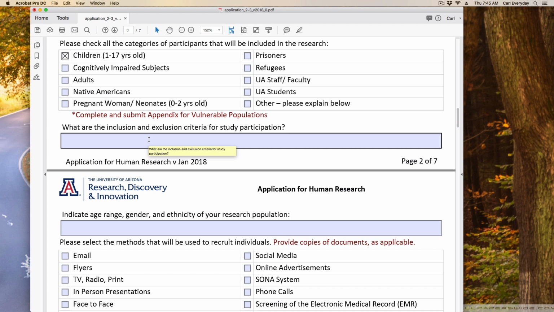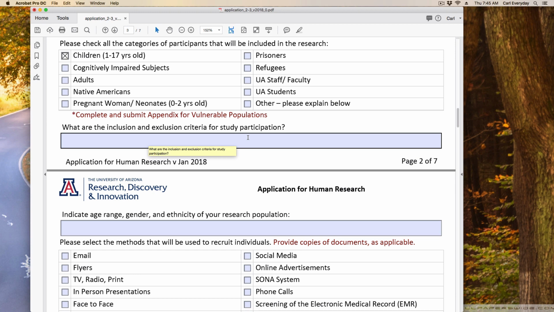Those could be inclusion criteria. Exclusion criteria for participants in this study would be any students who show other cognitive impairments or have physical characteristics that keep them from participating in the study.